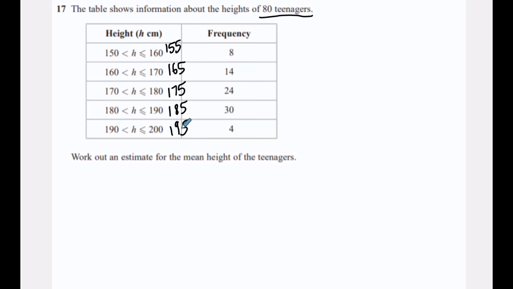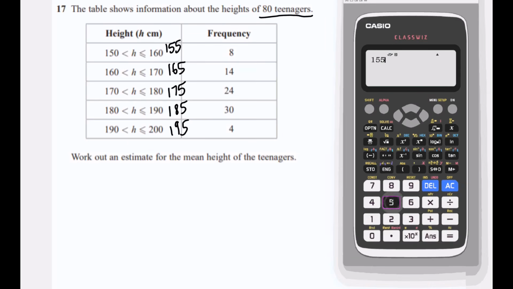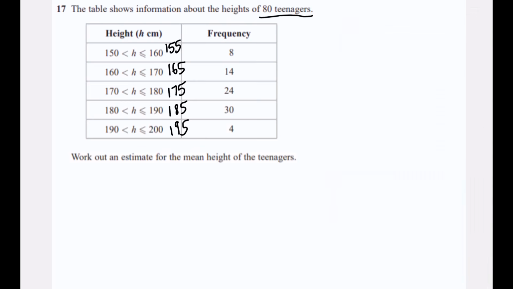So we've got 155 8 times, 165 14 times. What we don't want to do is write 155 plus 155 plus 155 8 times and then 165 and have 80 numbers in here. There's a much quicker way.